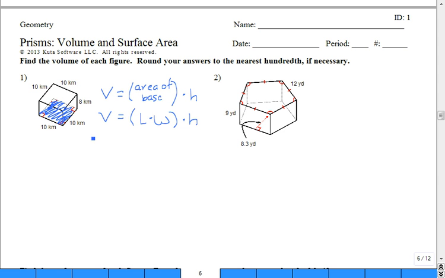I'll multiply that by our height. So the length of this square is 10. The width of this square is also 10. And the height of our figure in this case is 8 kilometers.